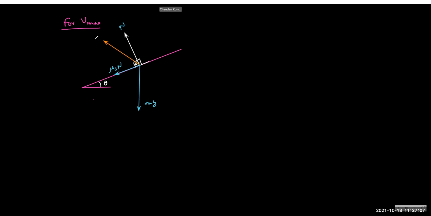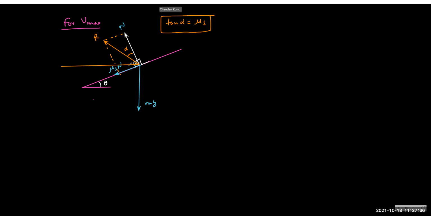In case of limiting friction, if I call this angle alpha, tan alpha we know is mu_s, if you remember. And because that is the alpha angle, I can just draw a line like this.